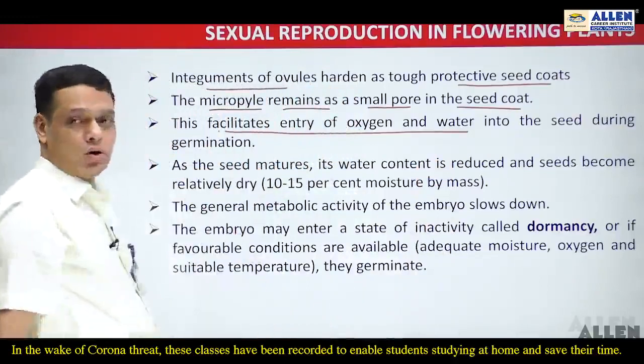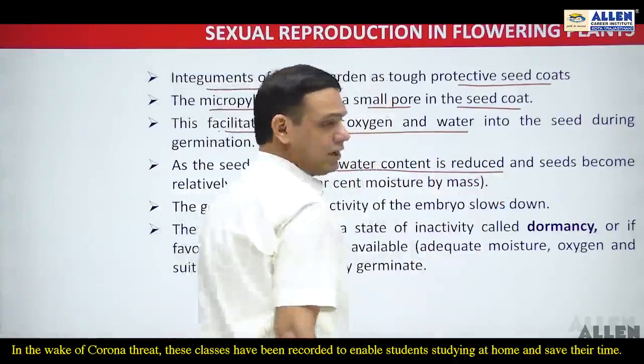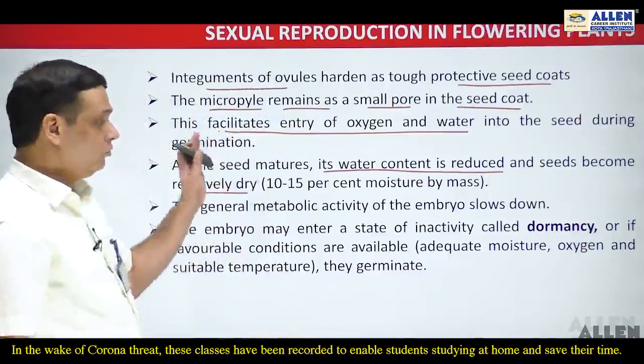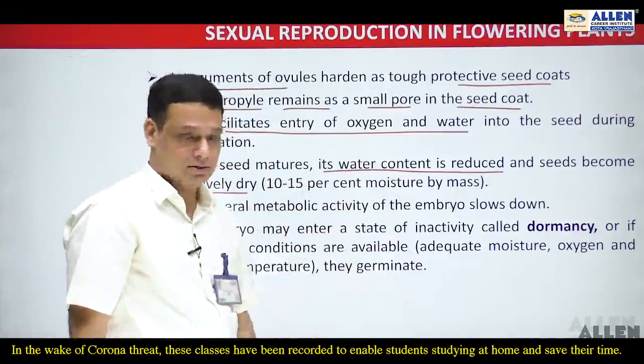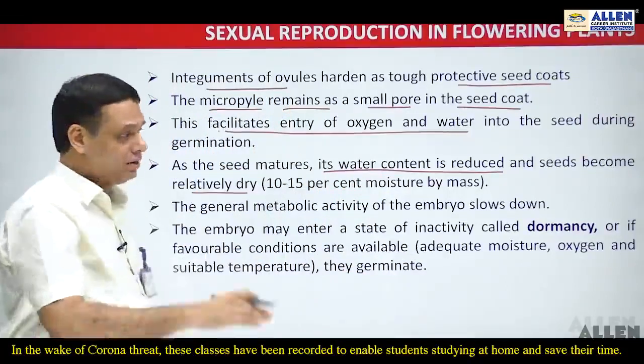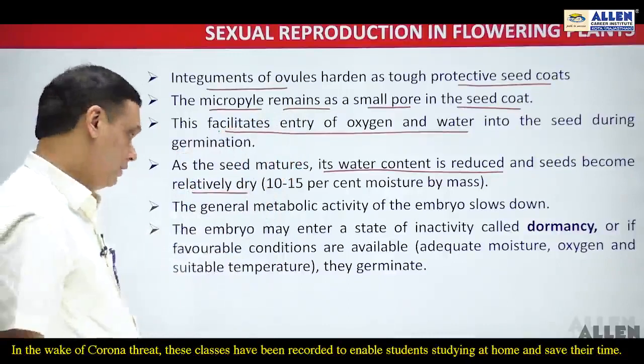As the seed matures, its water content gets reduced and the seed becomes relatively dry, 10 to 15% moisture by mass. So once the seed gets mature, its water content goes on decreasing and the seeds become relatively dry.